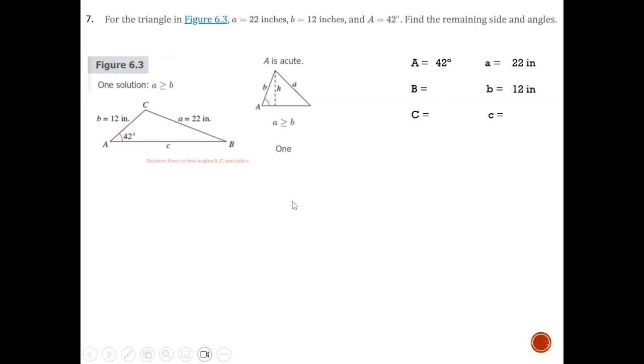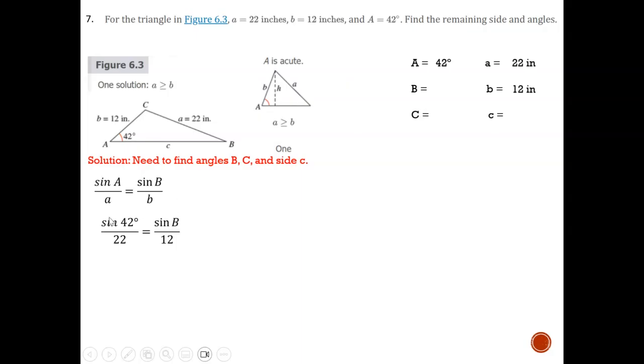But since we're looking for the angle, all we do is use the reciprocal of the formula from the previous slide. I think the previous slide was little a over sine of A equals little b over sine of B. But now, since we're looking for the angle, we use the reciprocal because it'll be easier to solve for the angle.